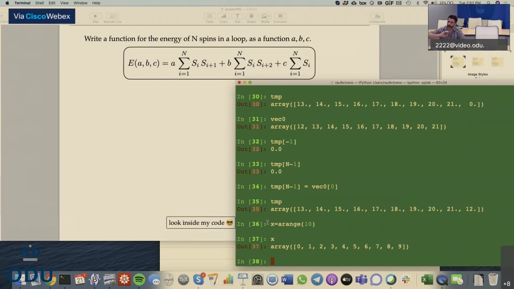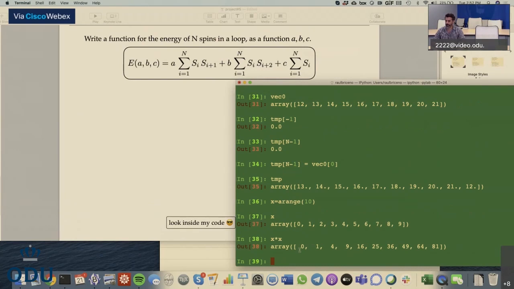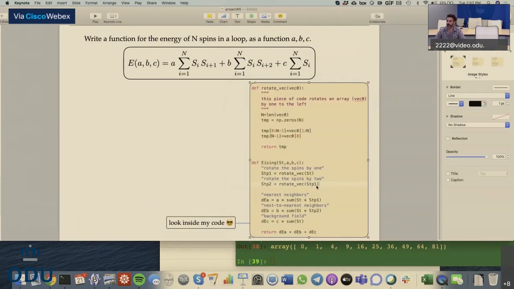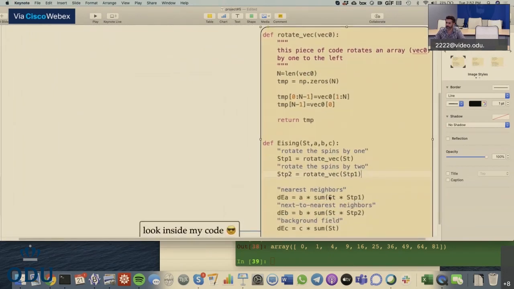Okay, so now replace X with just arange of 10. If I just multiply X times X, what am I gonna get? Well, I'm just gonna get each component squared. So 0 times 0 is equal to 0. 1, 1. 2 times 2, 4. 3 times 3, 9, and so forth. Okay, so this product of arrays just multiplies element by element.